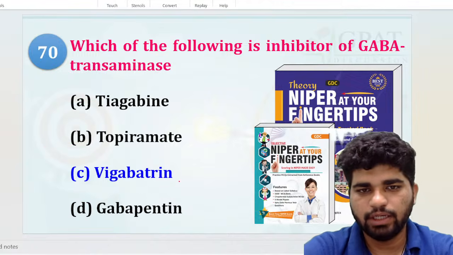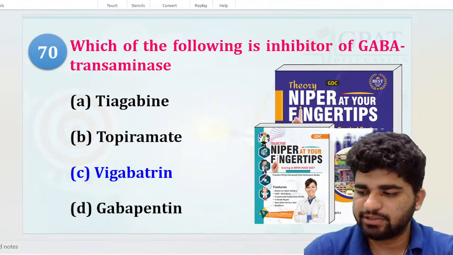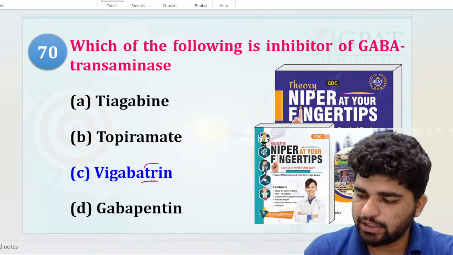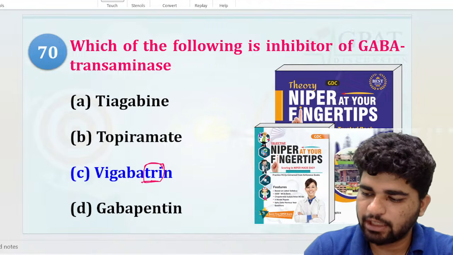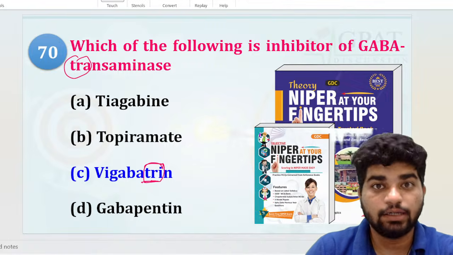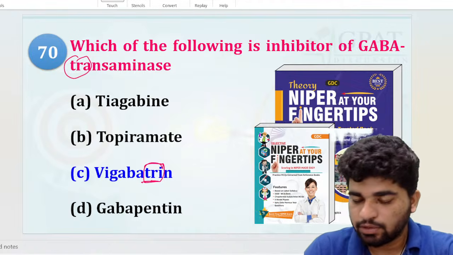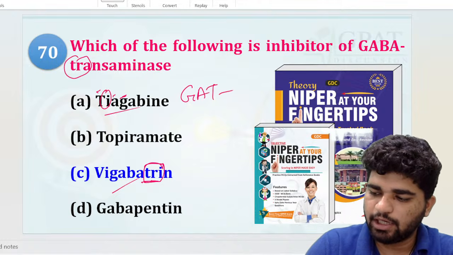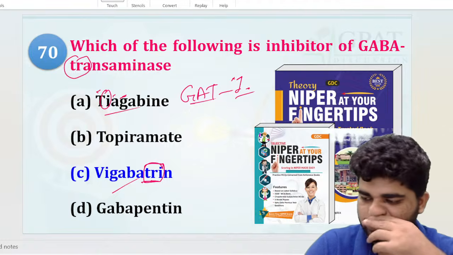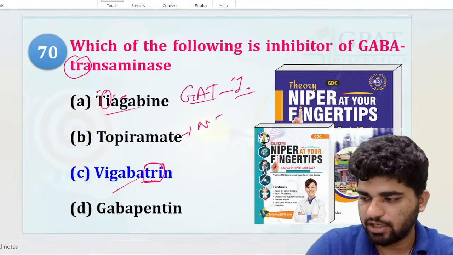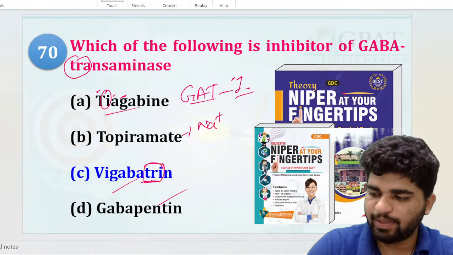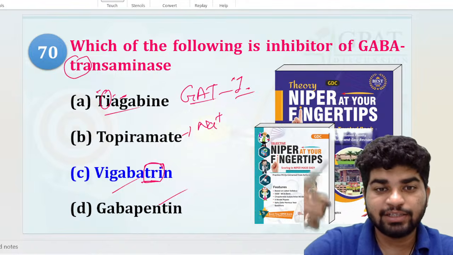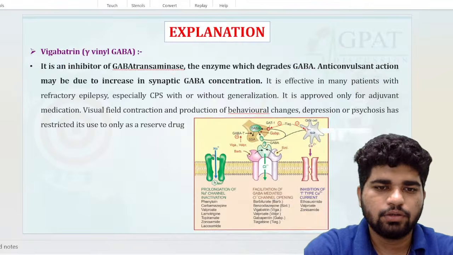That's your vigabatrin, right? Transaminase, okay, vigabatrin. Tiagabin, that is your GAT1. Topiramate, that's your sodium channel inhibitor. Sodium channel, and gabapentin, these are inhibiting the reuptake, okay.